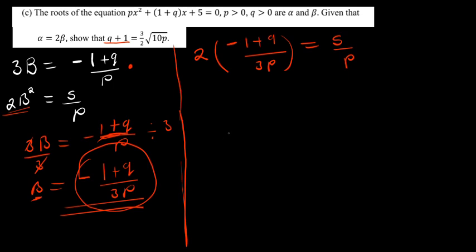So after doing that, remember that there was a squared here, if you check here. This is the square now, right? So after I've squared, it is negative 1 plus q, so it is squared.